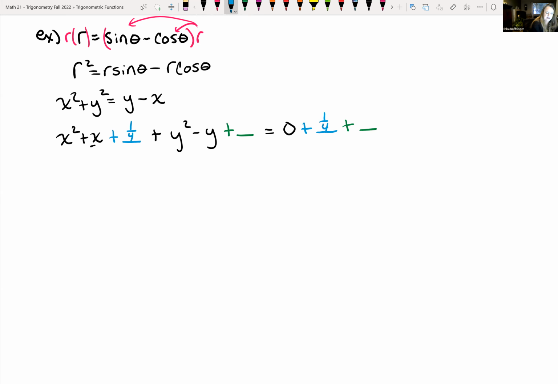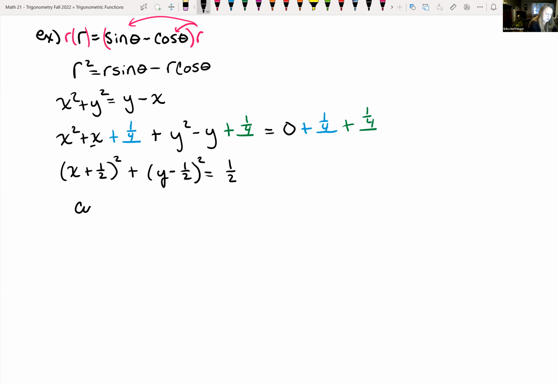Half of -1 is -1/2. -1/2 times -1/2 is 1/4. So this is the same thing as x plus 1/2 quantity squared plus y minus 1/2 quantity squared equals 1/4 plus 1/4 is 2/4, which is 1/2.